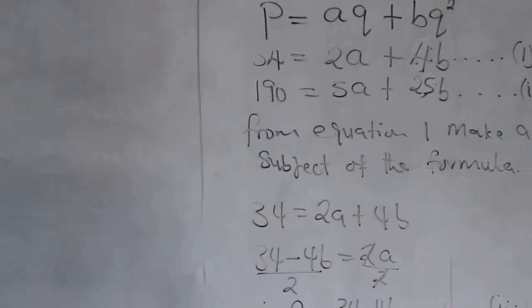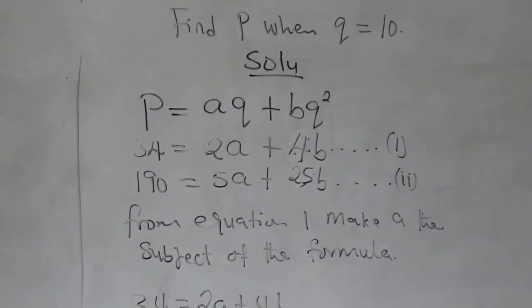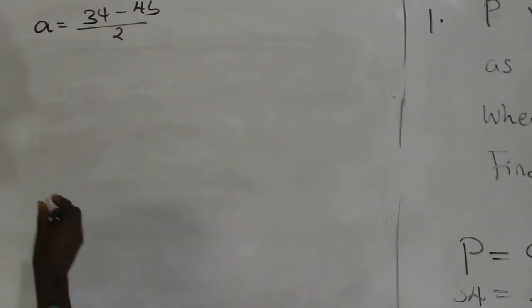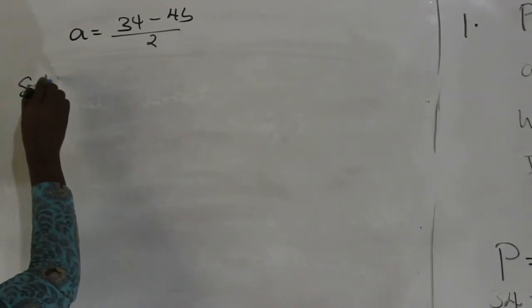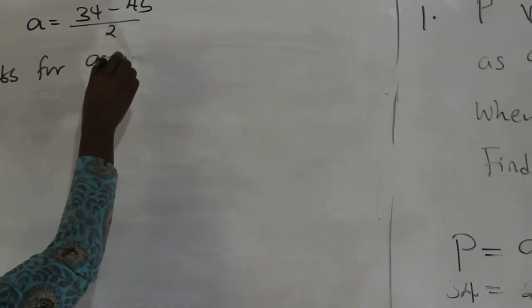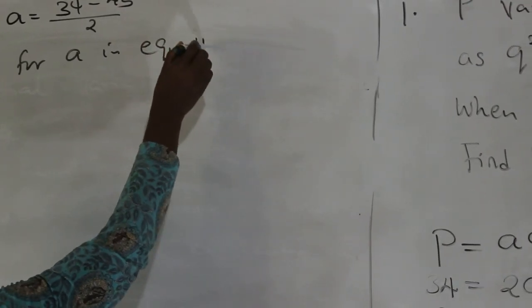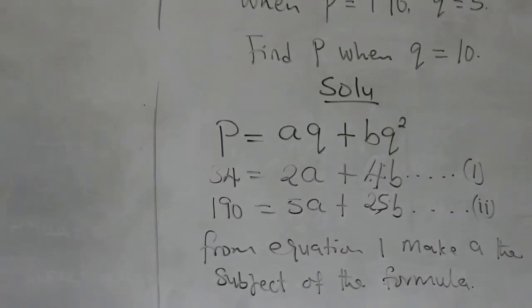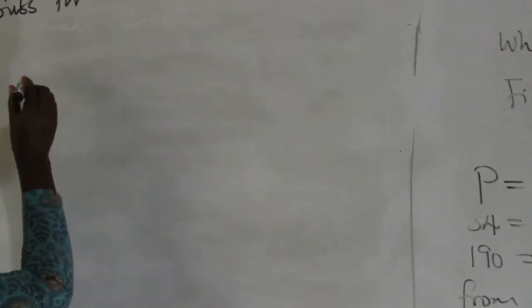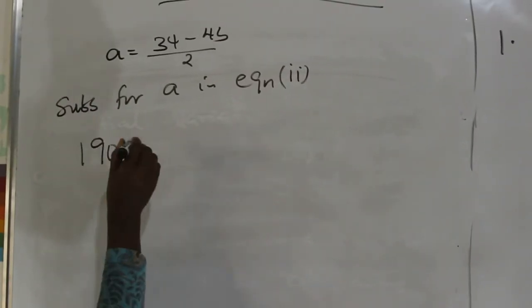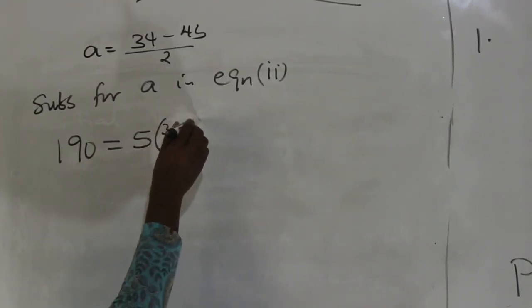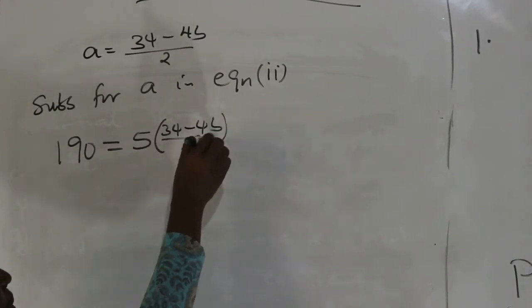So that when we want to find the value of A, we can just substitute it there. Let's substitute for A in equation 2. So we say our A is equal to 34 minus 4B over 2. And now our equation, I say substitute for A in equation 2. So wherever we see A in equation 2, we write 34 minus 4B over 2. So equation 2 is 190 is equal to 5. Now we have A. We are going to write 34 minus 4B all over 2.